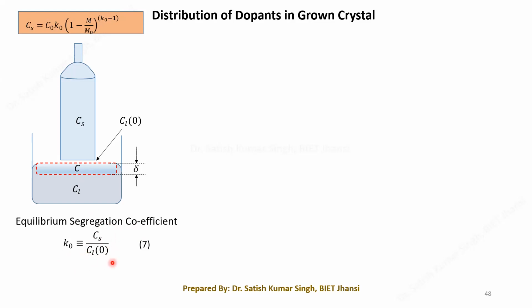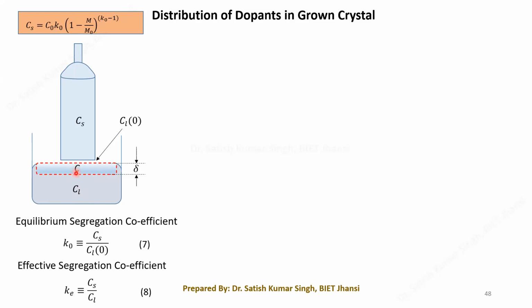Now I can define another segregation coefficient, which is our effective segregation coefficient. I will define this term, effective segregation coefficient, as Ke equals Cs upon Cl. So do not confuse. Last time I defined this as Cs upon Cl, but that time we considered that Cl is the concentration in the melt, and that Cl was constant throughout the melt.